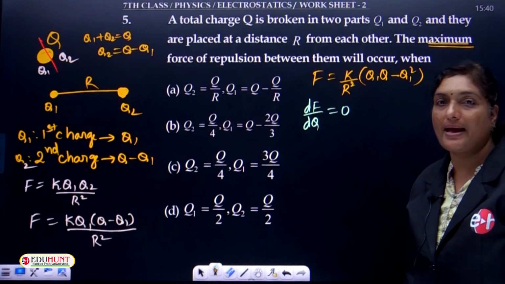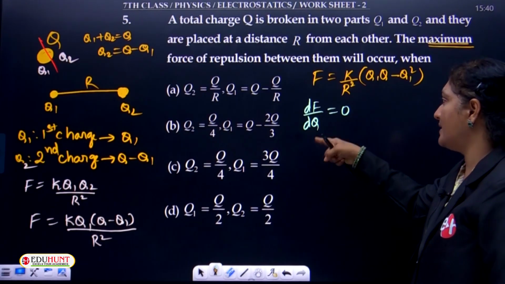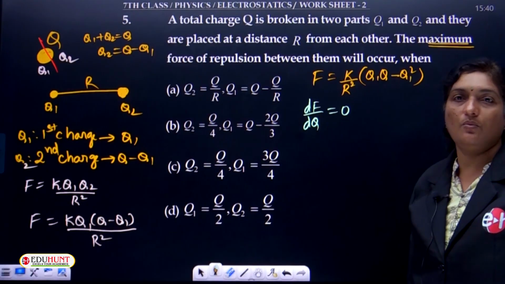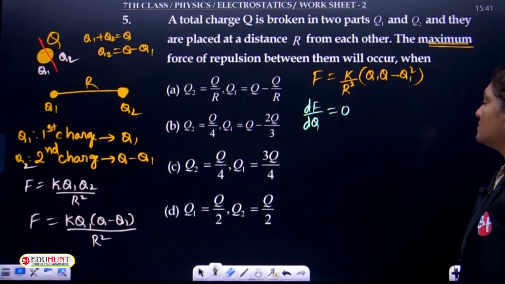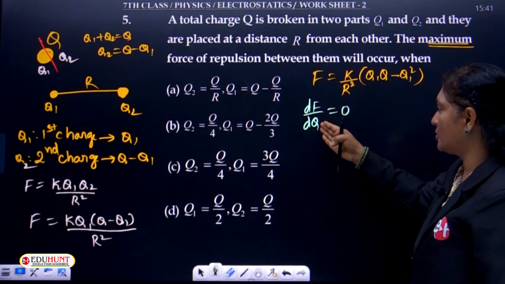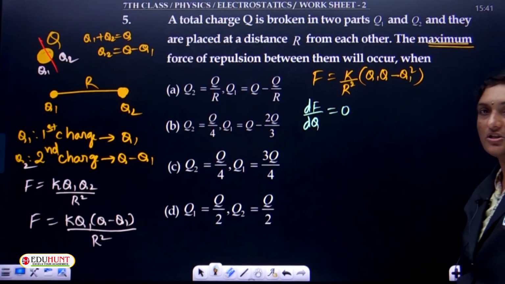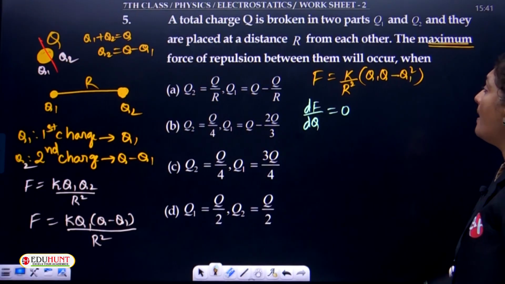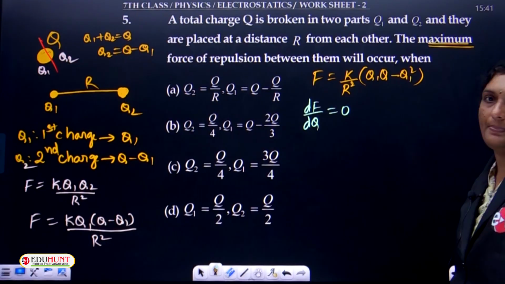What is the condition for maxima? The condition for maxima is dF by dQ must be equal to 0. So we have to take the derivative of F with respect to Q and equate it to 0 in order to get the maximum force of repulsion.